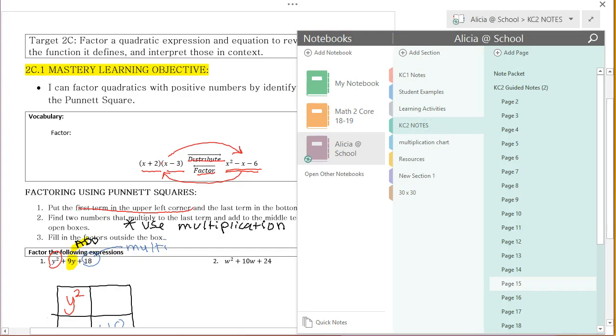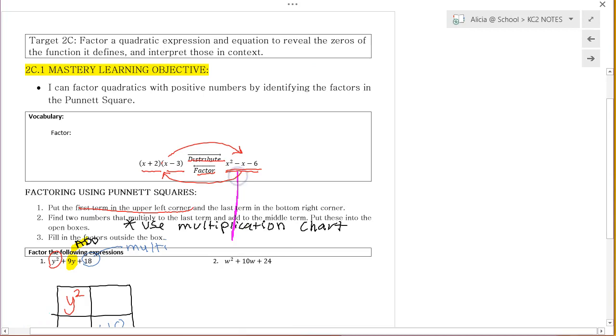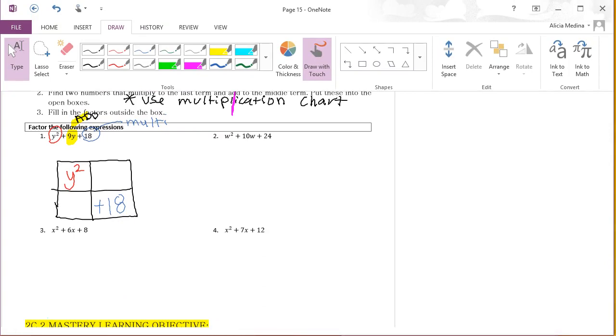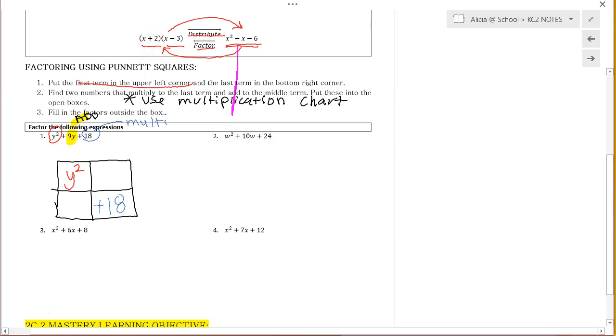So, a refresher of what that's going to look like. I'm going to write that right here on the side. We want to make sure that I'm multiplying to 18, which we said 6 times 3 was 18. That's good because that was my last term. And then I wanted to add to that middle term, which is 9y.